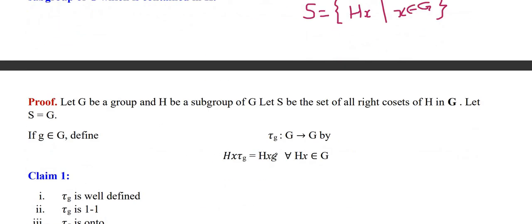So as before, we will define tau_g from S to S. So how is it defined in this case?